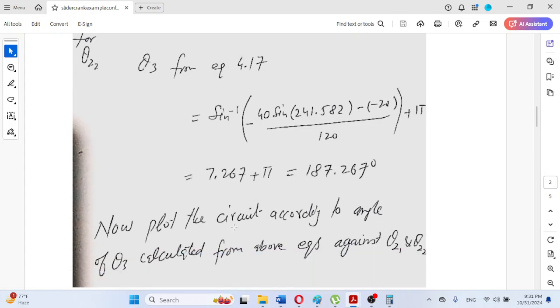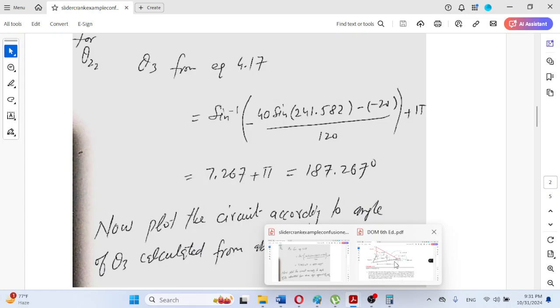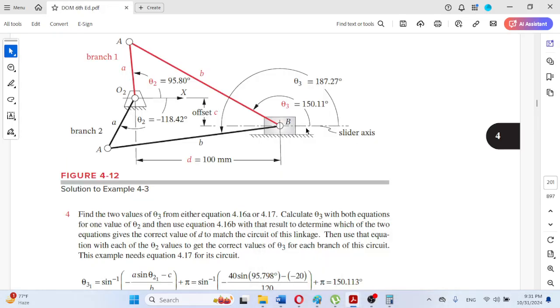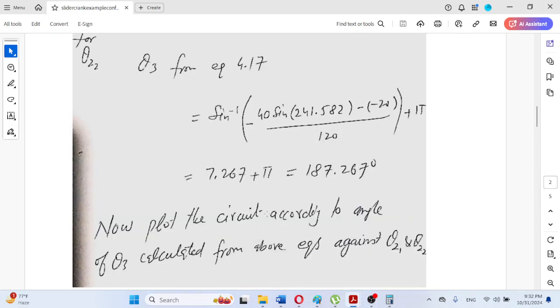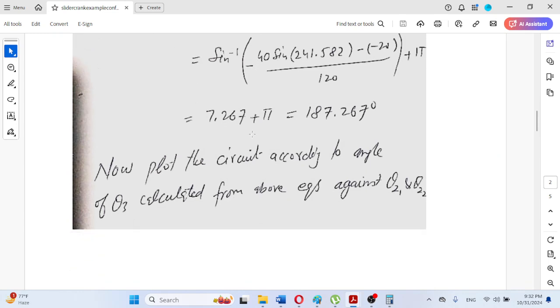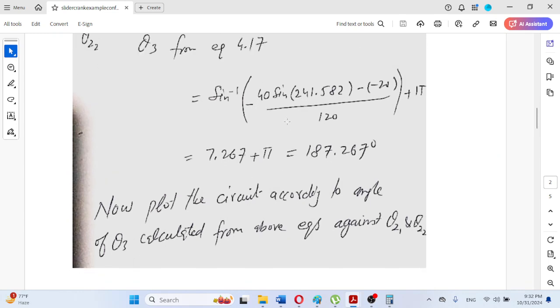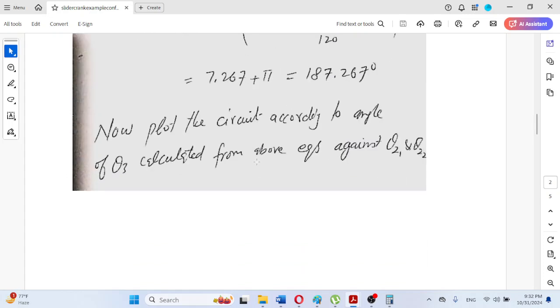This angle is correct, measured from the positive x-axis anti-clockwise up to this location of the connecting rod. So only equation 4.17 is giving the correct locations of the connecting rod and the slider.